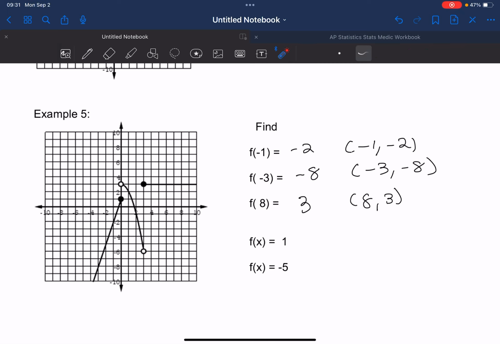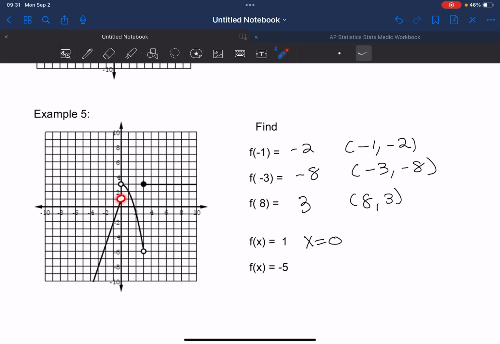And then remember, for these last ones, if we see f of x equals, then we are finding that value on the y's. So I'm finding 1 on the y's, which is right here. Notice I don't need to go anywhere because it already hits that x value at 0. But let's double check that we don't have any extra ones.